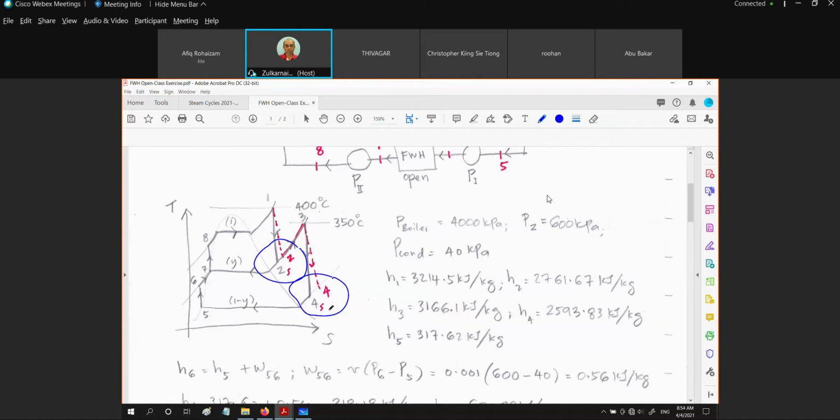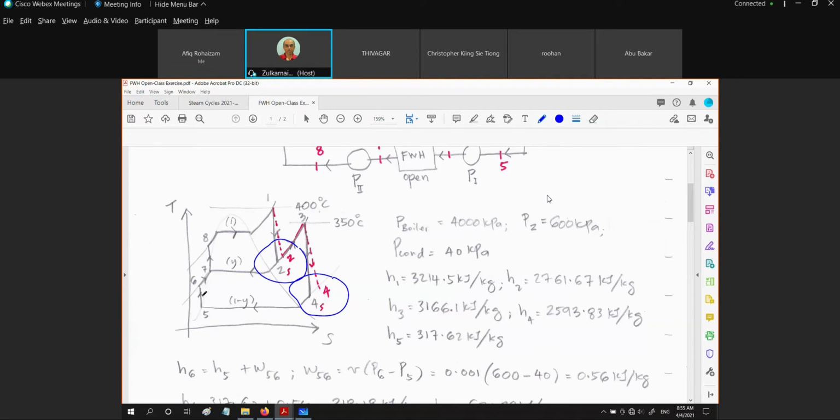Same goes for state 4 and state 4S. Again, I repeat, you could have 4S mixture and 4 superheated vapor, or you could have both at superheated vapor. So you need to prove that.